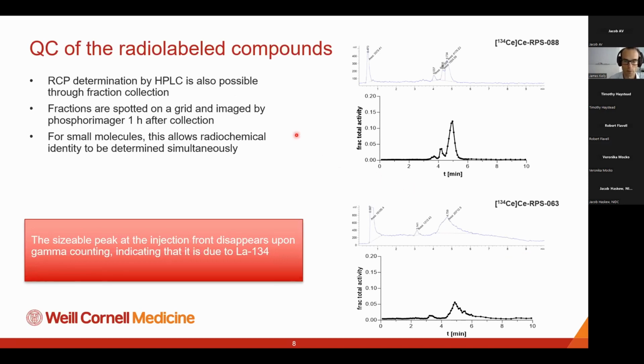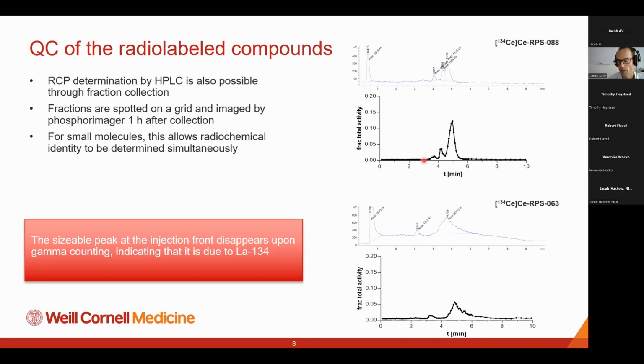It's also possible to do the QC from the HPLC. And in this case, Anya has developed a really ingenious method of collecting fractions from the HPLC, spotting them on a grid, and then viewing that grid on the phosphorimager and using those data to reconstruct the HPLC signal. So what you see on the top here, where my laser pointer is, is the radio TLC trace from the HPLC.